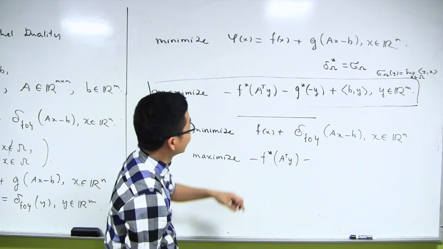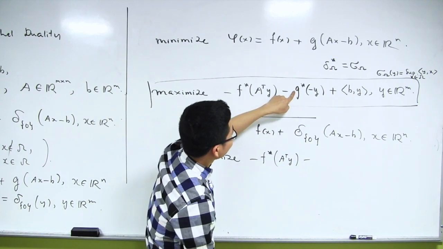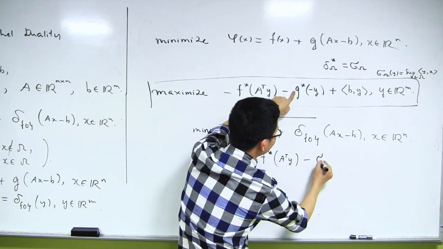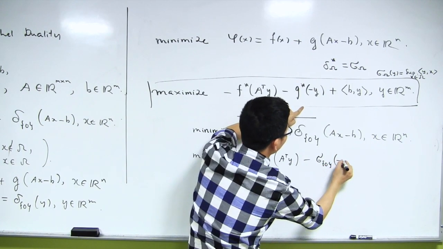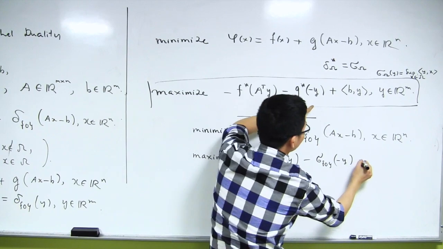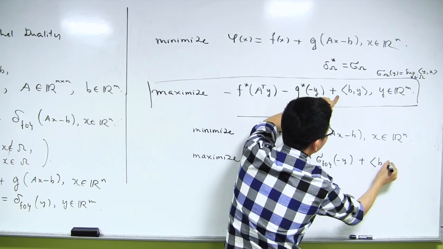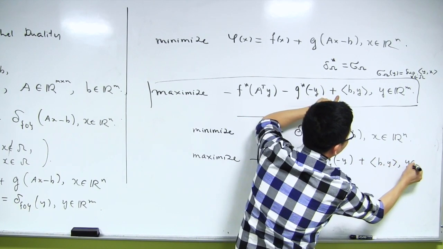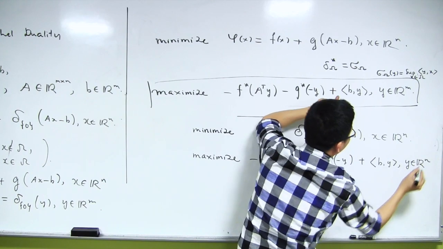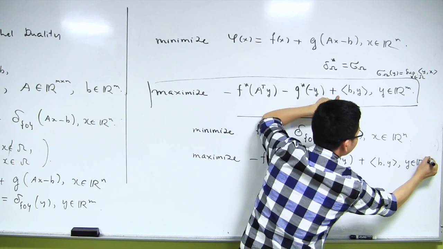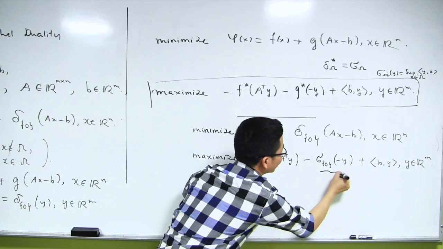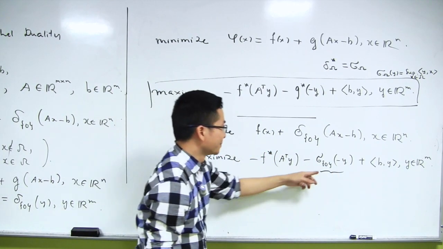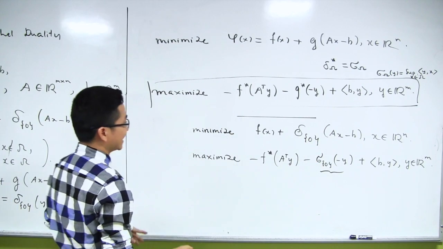So in this case, we get the support function associated with the set {0} at minus y plus b, where y runs in Rm. And the support function associated with {0} is 0. We can easily see that.